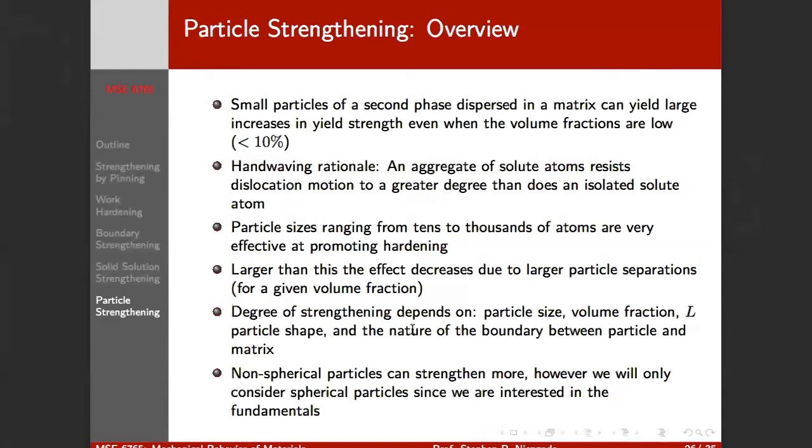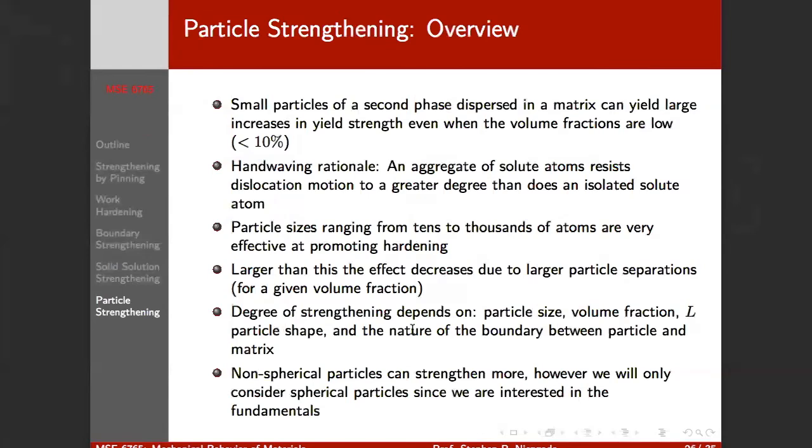What are we going for with processing? What's going to make it harder to bow around? Right. Yeah. So we want a very small spacing, right?